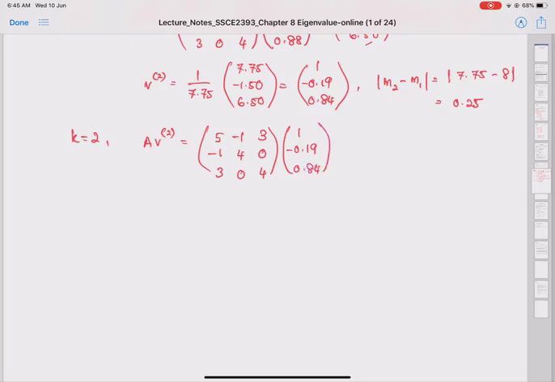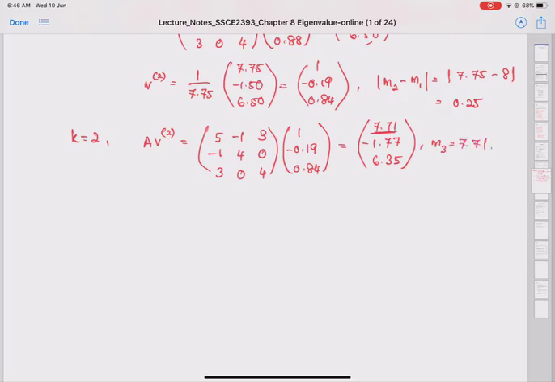Then we have 7.71, negative 1.776, 6.35, like this. And the largest is 7.71, so that our M3 is 7.71 here.